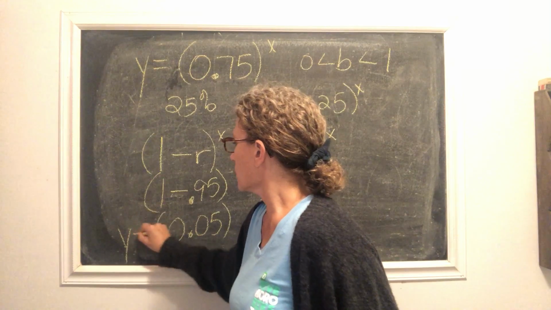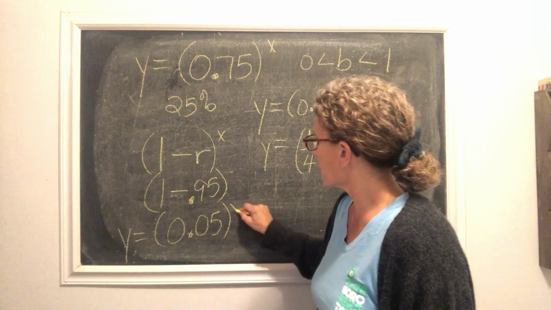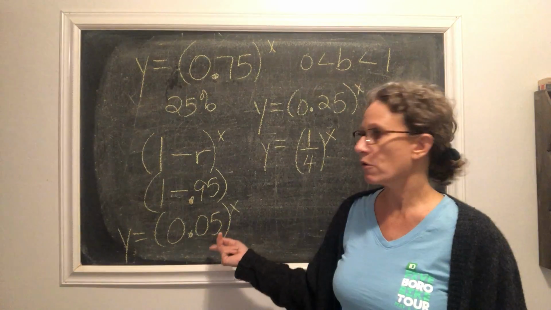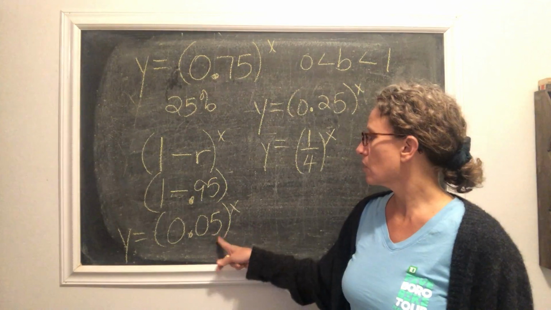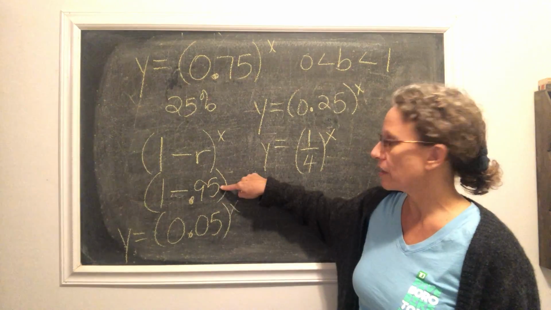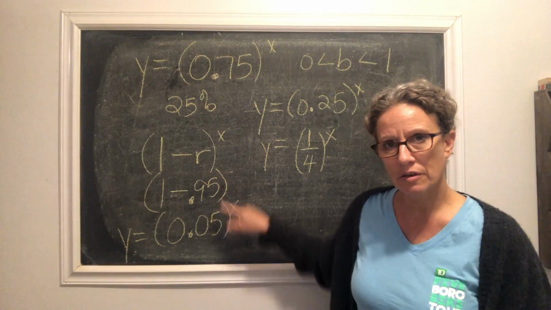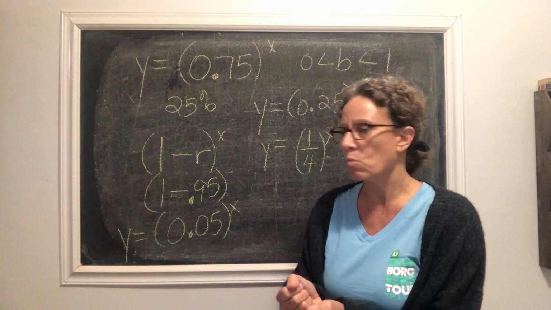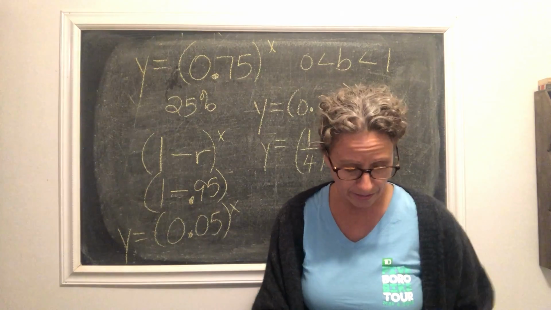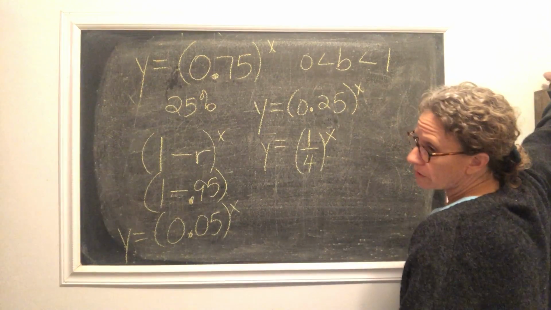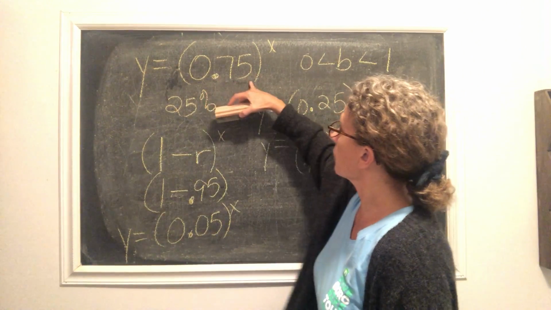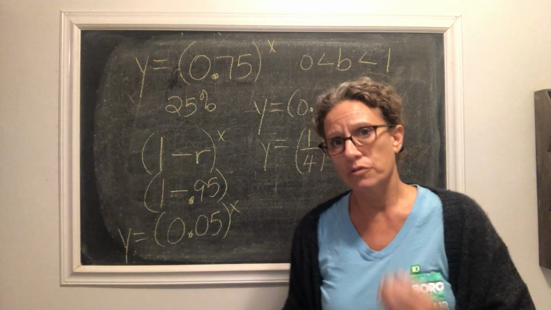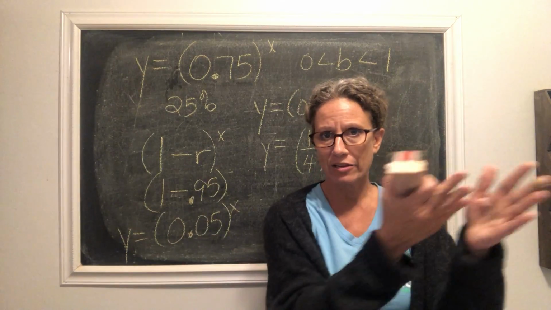And so y equals 0.05 to the x power would be the function that I use, indicating that only 5% remains when it has decayed by a rate of 95%. Just try to understand that together they always have to equal 1. Anytime you're looking at the b value in the parentheses, the base, the decay factor, understand that it was 1 minus the rate.